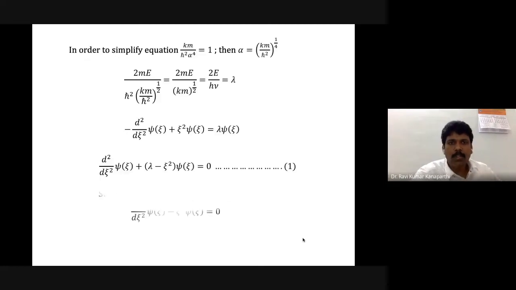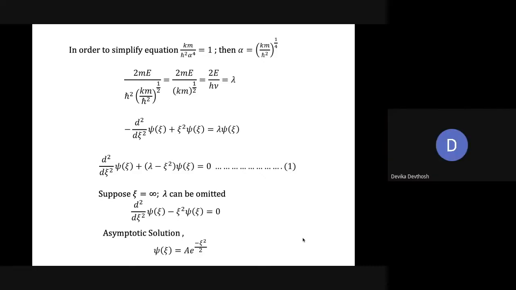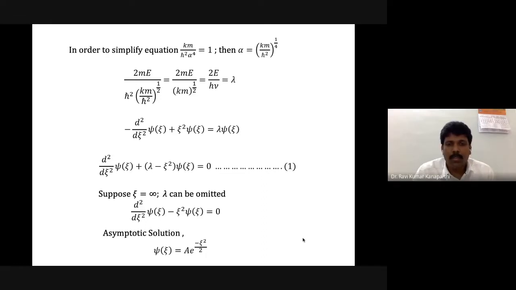What is an asymptotic solution? Can anybody speak about what an asymptotic solution is? Sir, an asymptotic solution is applicable only at larger values of displacement, not for smaller values. So the asymptotic solution is a solution which is applicable at larger displacement of the harmonic oscillator.